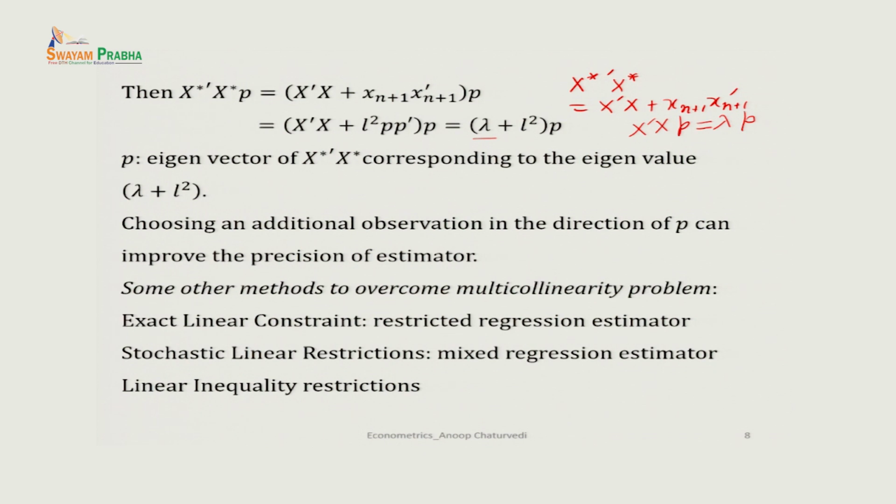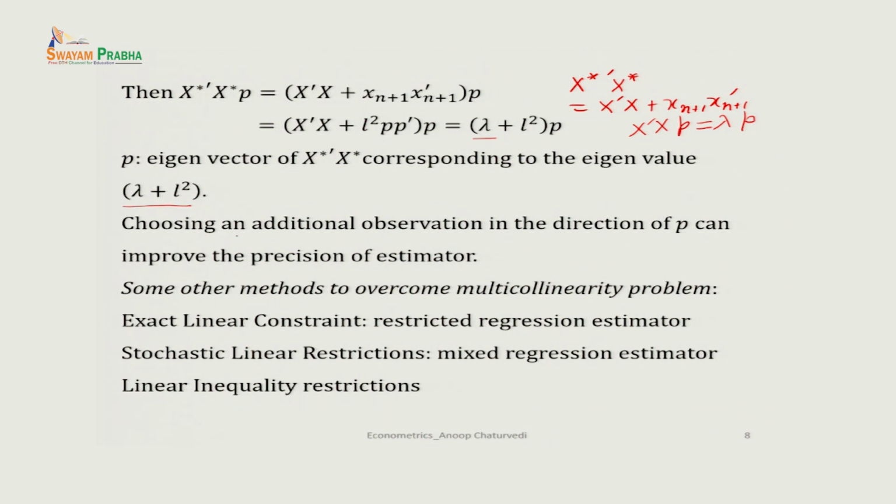But then, corresponding to the new design matrix X star, the eigenvalue corresponding to the eigenvector p of X star transpose X star is lambda plus L square. So, it is greater than lambda, it has increased the value of lambda. So, it may resolve the problem of multicollinearity.